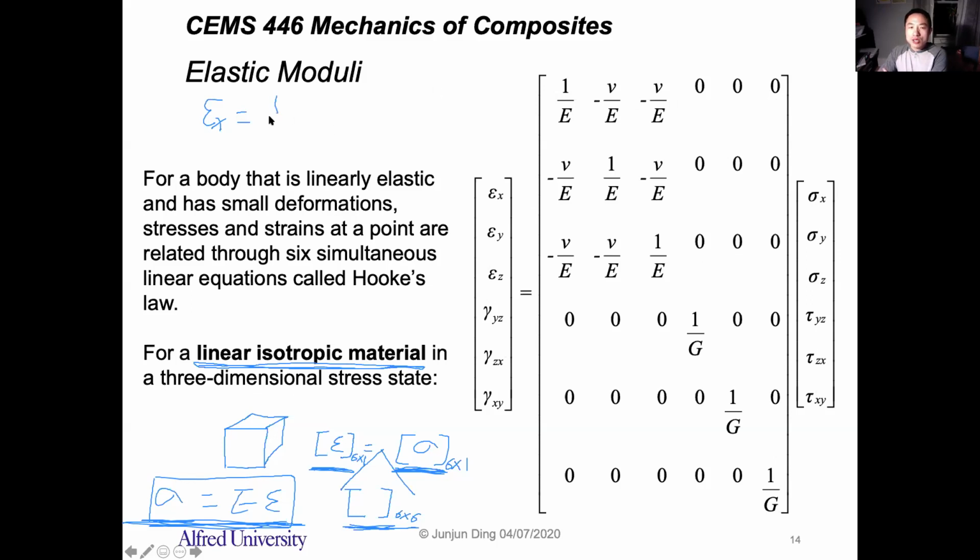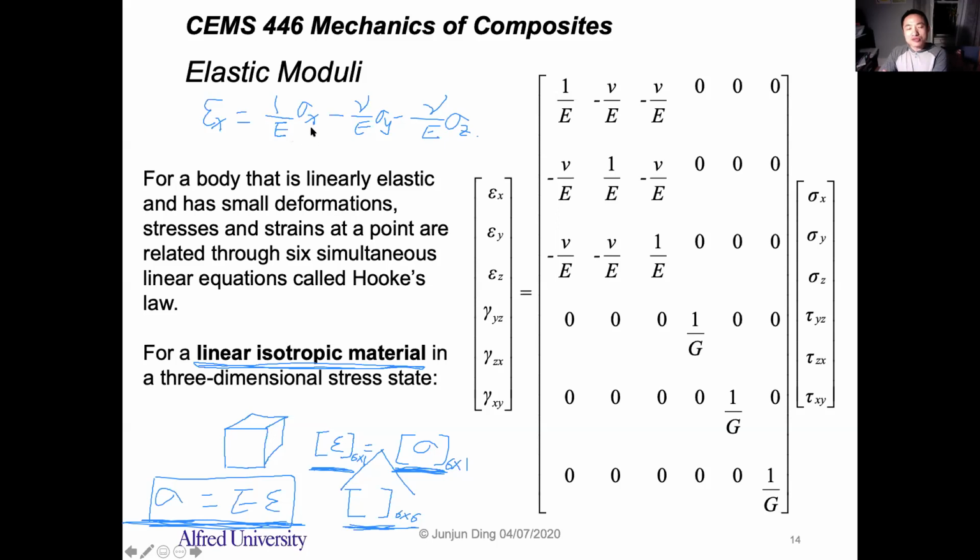So it will be 1 over E, minus Poisson ratio times sigma Y, minus Poisson ratio times sigma Z, right? So this makes sense, right?